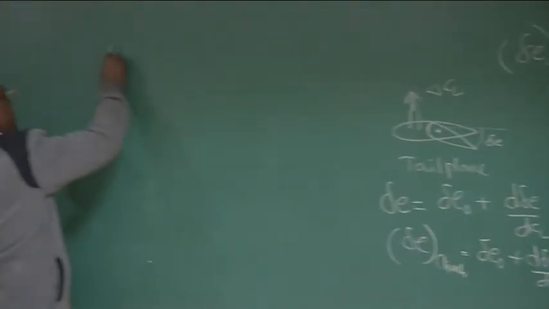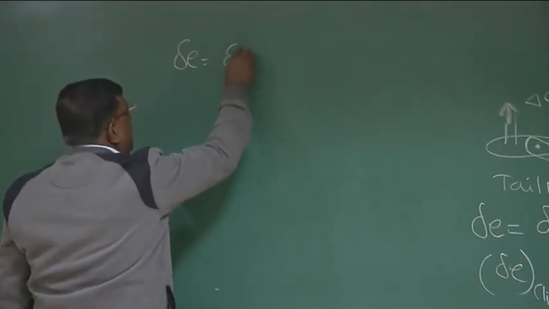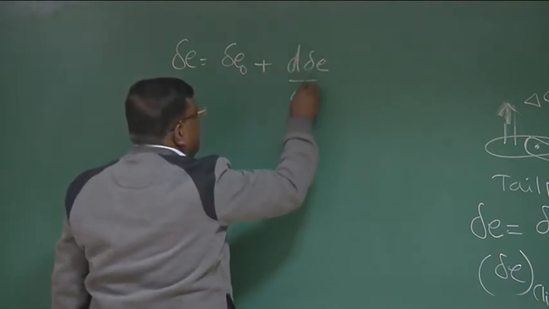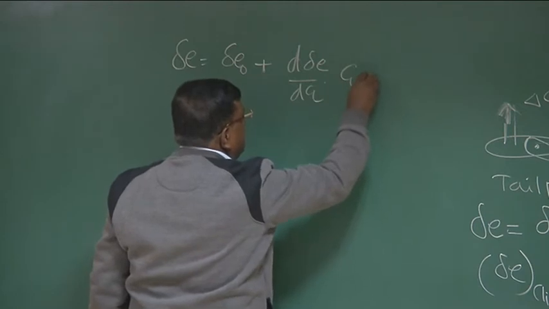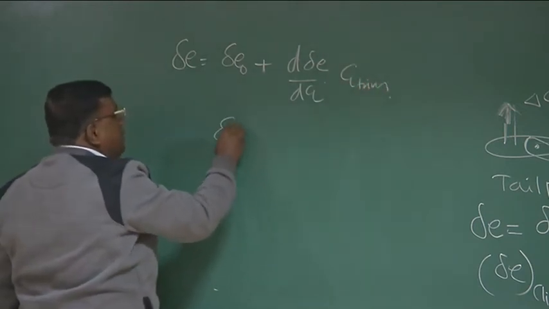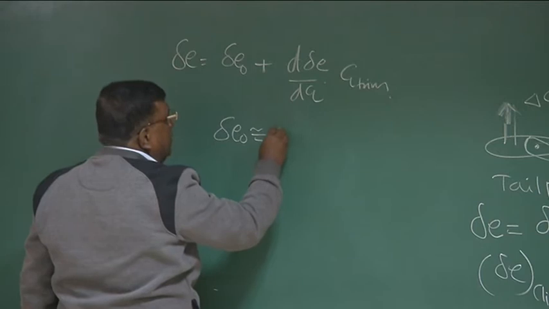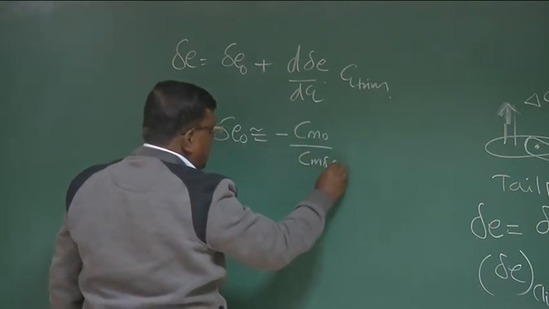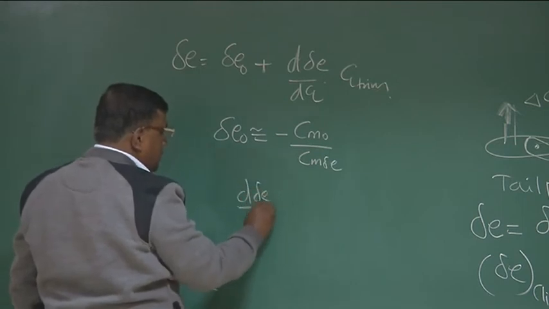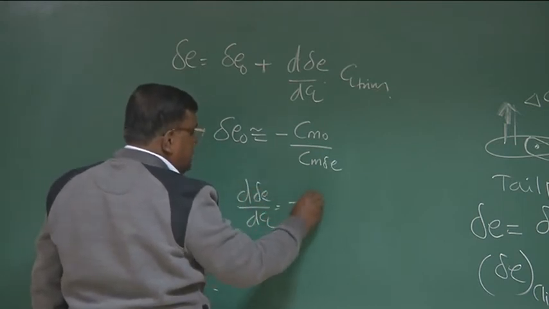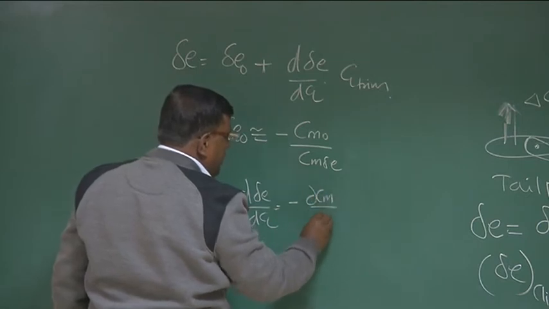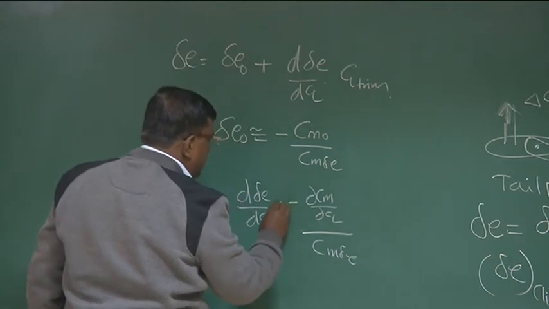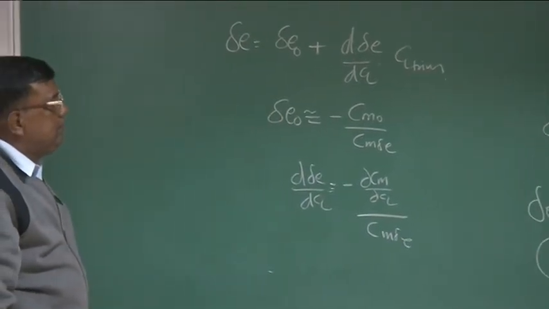So you know delta E equals delta E naught plus d delta E by dCL into CL trim, and delta E naught was approximately shown to be minus Cm naught by Cm delta E, and d delta E by dCL was minus dCm by dCL by Cm delta E. I am putting approximation because we have neglected a few terms.